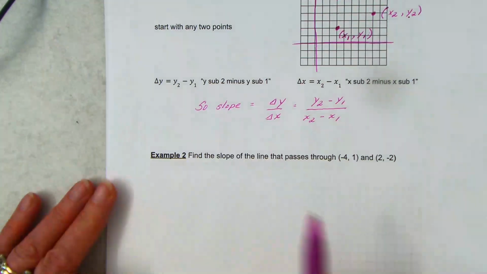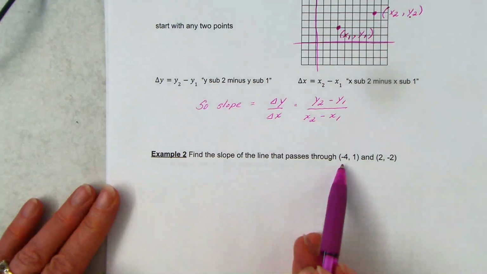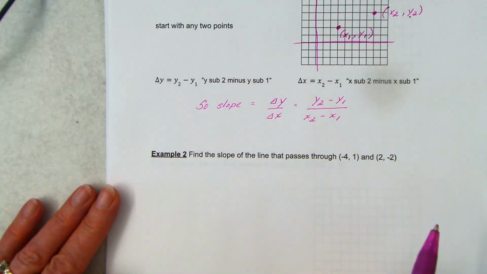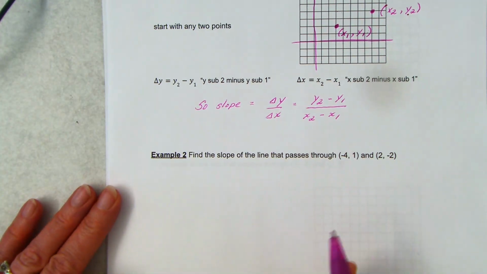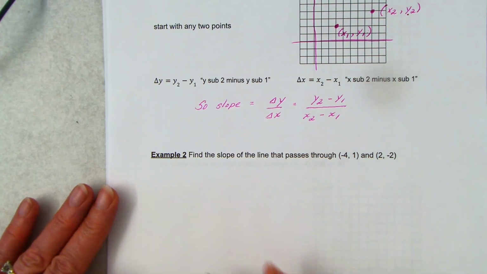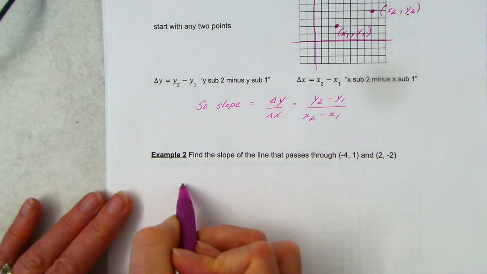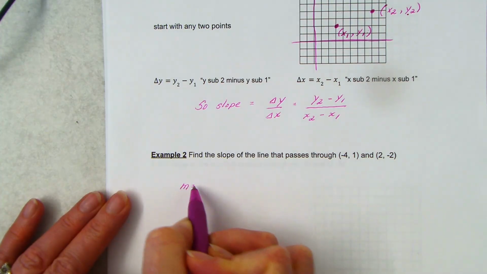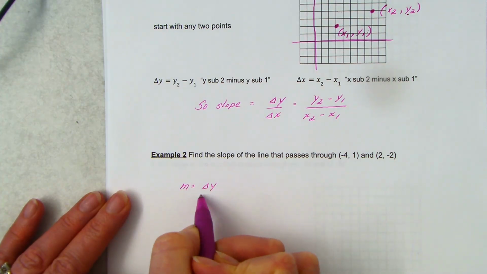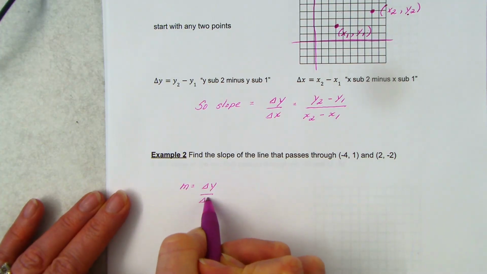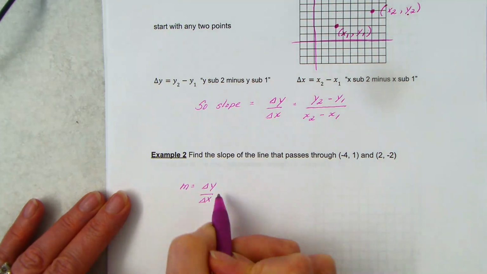So let's just do that. Find the slope of the line that passes through (-4, 1) and (2, -2). And we'll use just the formula. Slope is equal to the change in the y over the change in the x.